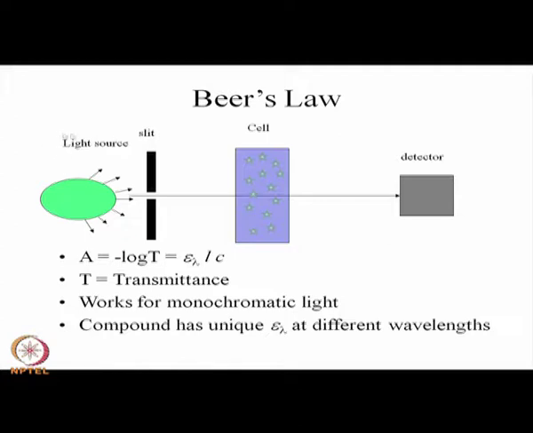This is a very typical, simplified schematic for an absorption spectrometer. When it is a question of absorption spectroscopy, we need to have a spectrometer. As I told you, spectroscopy relates to spectrometer and spectra.